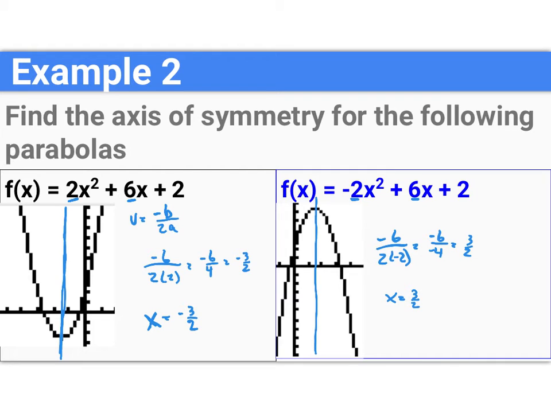So it's in between 1 and 2 on the right, and the other one is in between negative 1 and negative 2. Those were our two examples. Try the practice problems that are coming up, and I will meet you at the end of the video for the review.